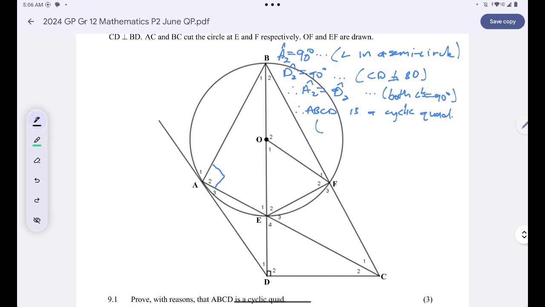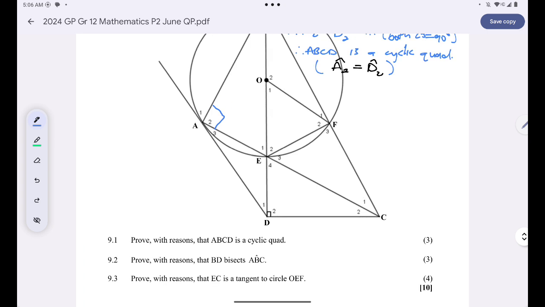And the reason behind that is because the angles in the same segment are equal. Which angles are those? Angle A2 and angle D2.